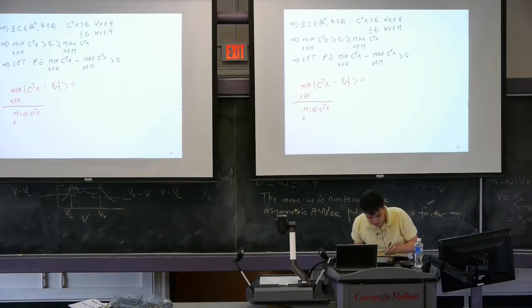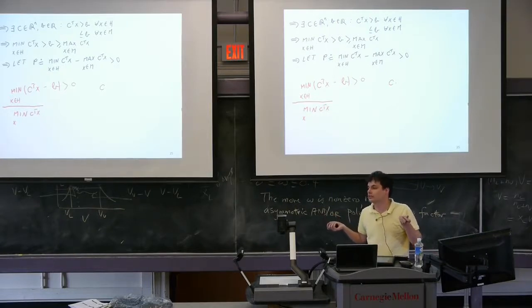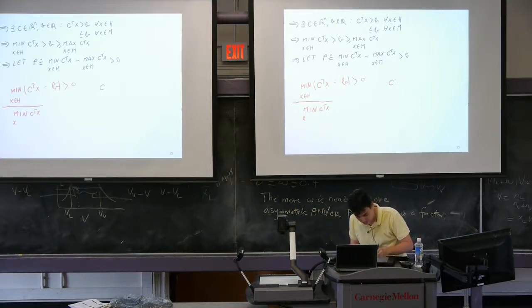So wait a second. So tell me what will be your C. So you have to construct a C and a B, right? Right. First, you record the minimum of C transpose X minus B for all those X in H. So say that's, how to denote, say D. Right.